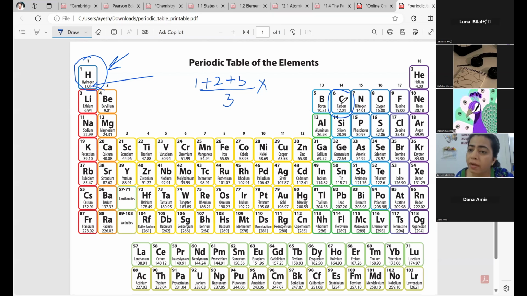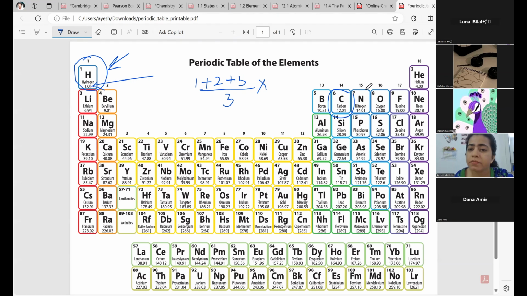Miss, I have a question. Yes, Luna. Miss, do all the elements have fixed isotopes? No, all the elements do not have fixed isotopes. Some have 2 isotopes, 3, 5, 7, 9, 8, 12, like this, different numbers.